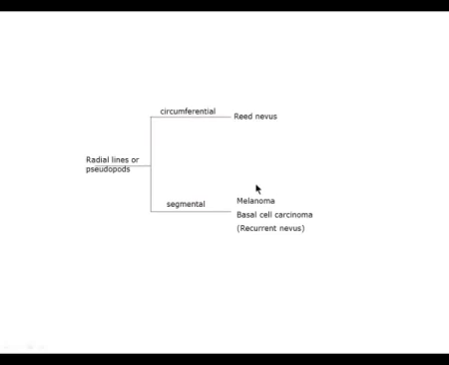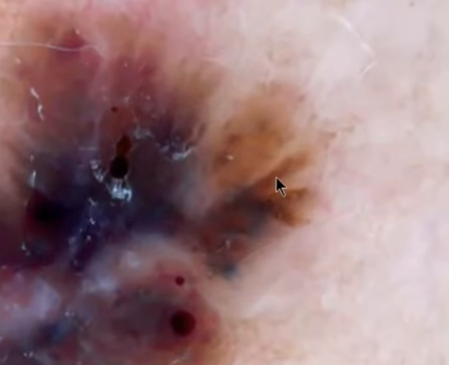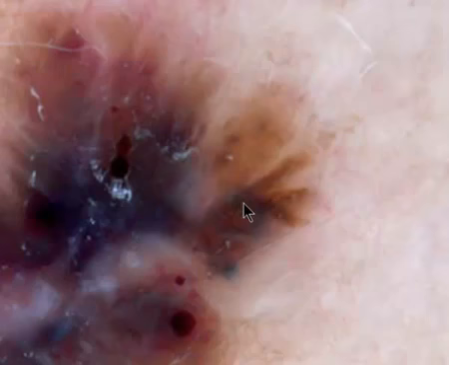What about segmental radial lines or pseudopods? As I already said, it could be melanoma or basal cell carcinoma mainly. Here we have a chaotic lesion, we have a structureless pattern, but also some radial lines in some segments, and as you can see here, they are connected at a common base, and the radial lines here are thick and vaguely look like a leaf. But it's not necessary to use this metaphoric term.